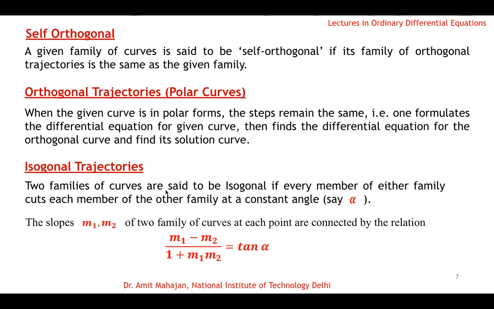If you are given one family of curves, step 1 is to find its differential equation, and then use this relation with the given isogonal angle and the slope of the given family. Then we use the slope of the other family to find the differential equation for the second, and then we integrate it to find the isogonal curves.